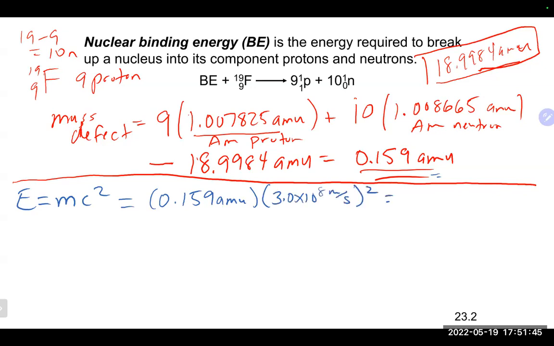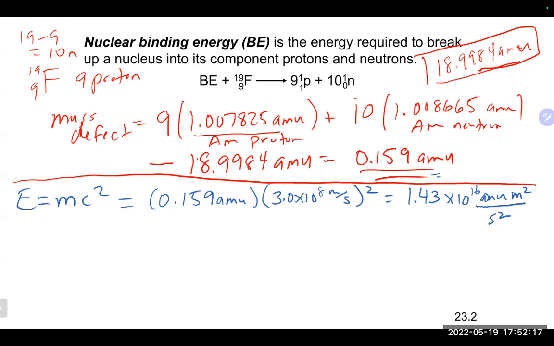We want to make sure we square it. Taking this number times (3 × 10⁸) squared gets us something like 1.43 × 10¹⁶, I think. The units are AMU times meter squared divided by second squared. Any questions so far on that?